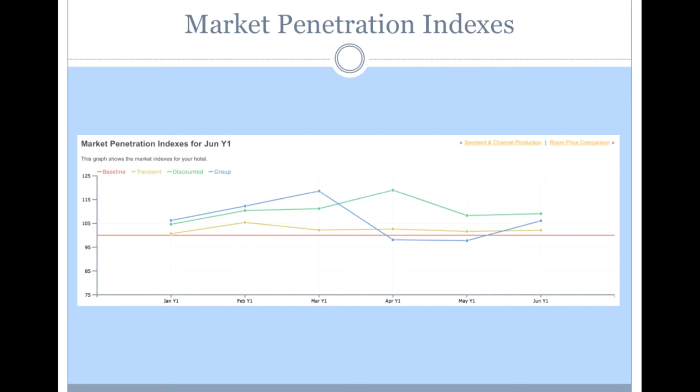So the next slide is about the market penetration index for the overall 6 months. The hotel gained the most average market from the discounted group, but it then dropped in the month of May as we assume that they are the corporate travelers.